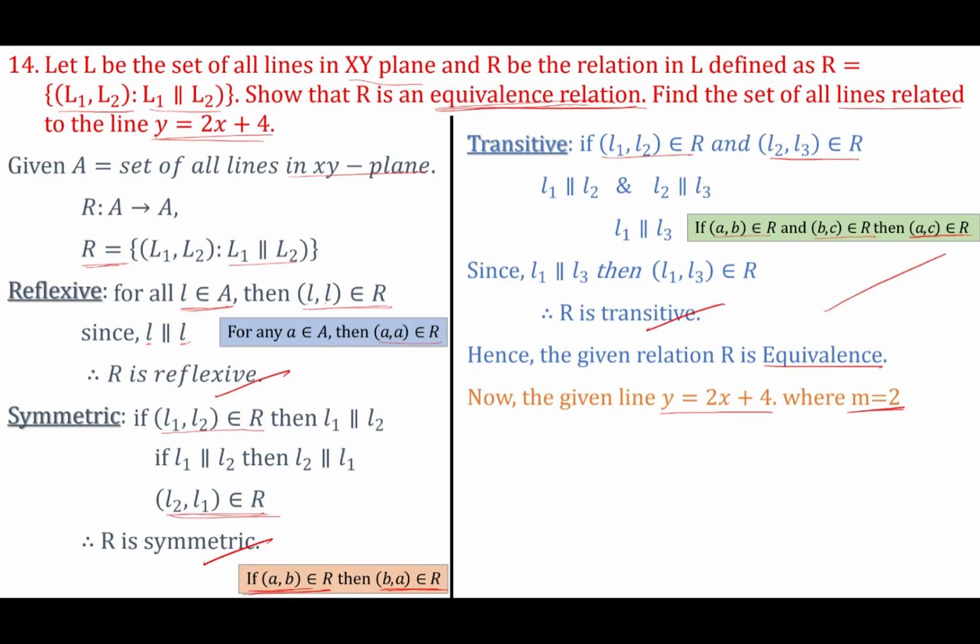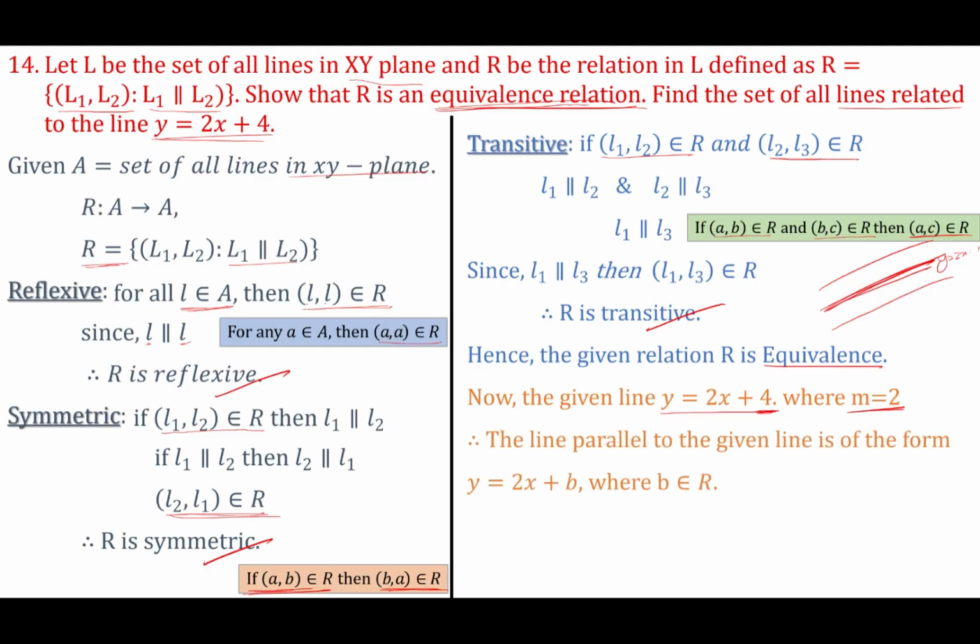I have infinite lines which are parallel to this line y equal to 2x plus 4, with different intercepts: y equal to 2x plus 3, y equal to 2x plus 4, y equal to 2x plus 5. I have infinitely many different real numbers. So the line parallel to the given line is in the form y equal to 2x plus b, where b is any real number. So I have infinite lines.